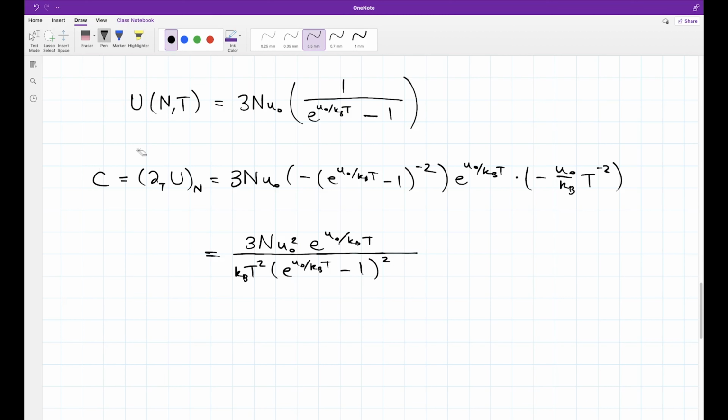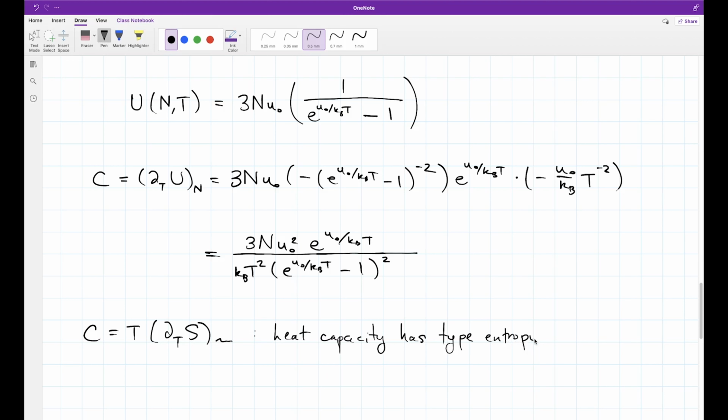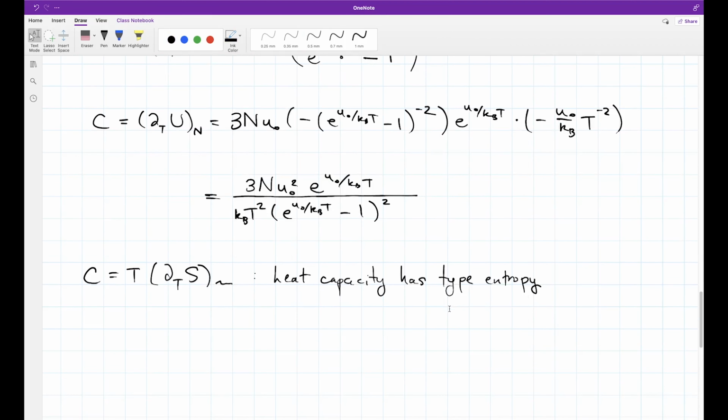We can check this expression by making sure that it has the right type. What is the type of heat capacity? Well, if C in general is T times a derivative with respect to T of entropy while fixing some coordinates, then this T's type and this T's type in the denominator cancel. And we see that heat capacity has type energy. Good.